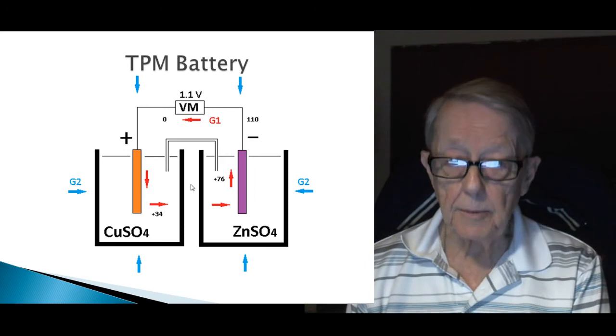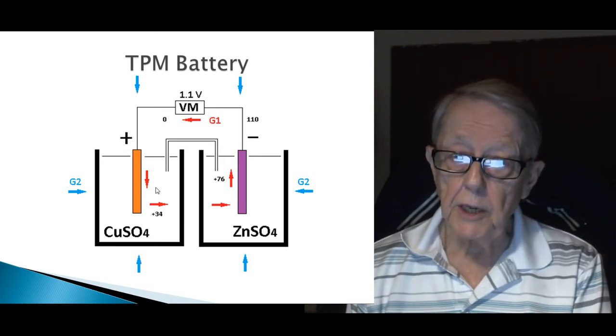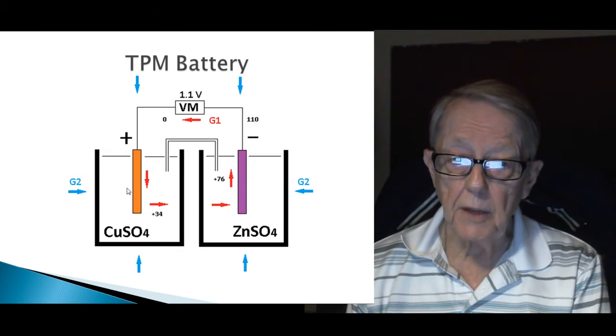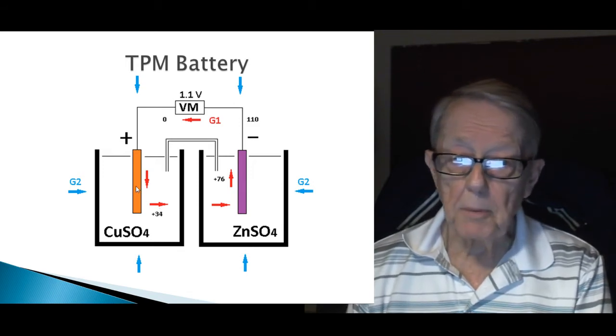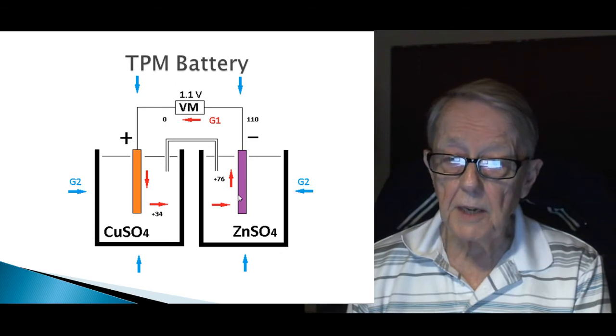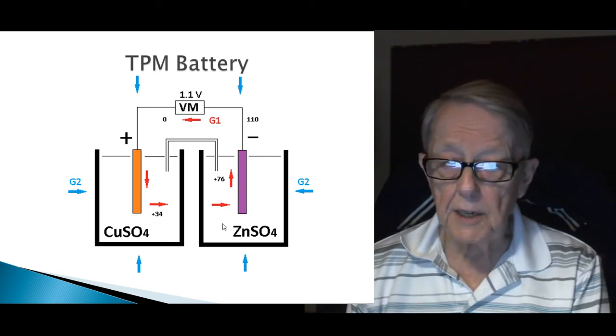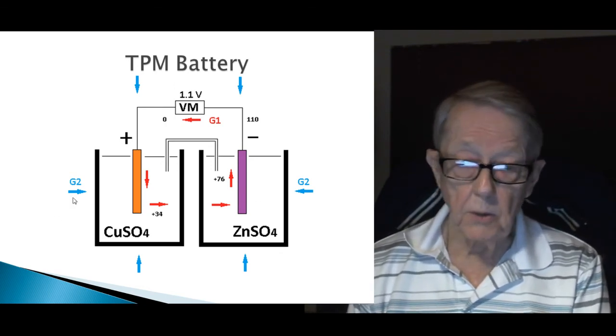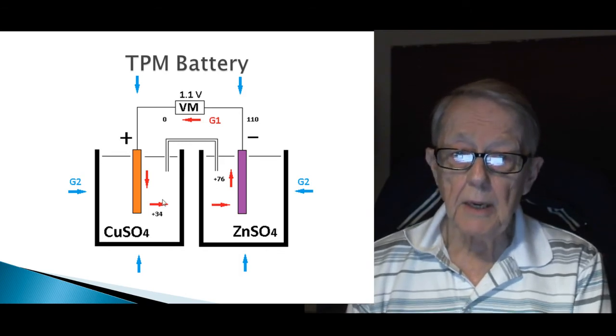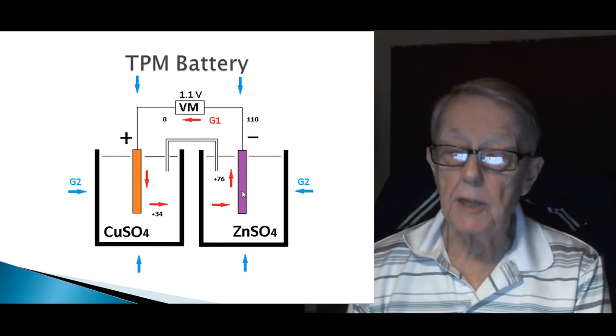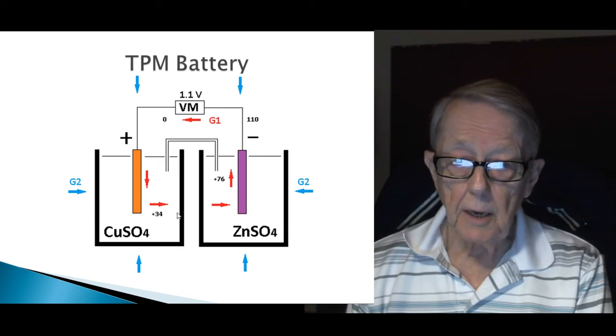It's doing a lot. If you remember, the G2 force field is the nuclear binding force holding the copper electrode together, holding the zinc electrode, holding the ions together, holding the water together. It's a very busy force field.